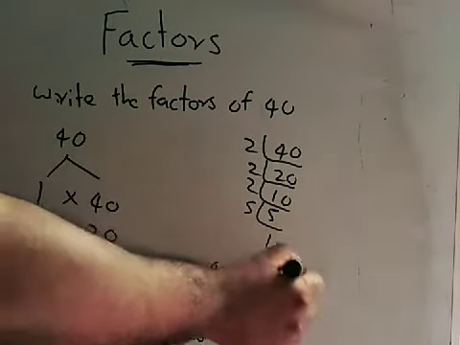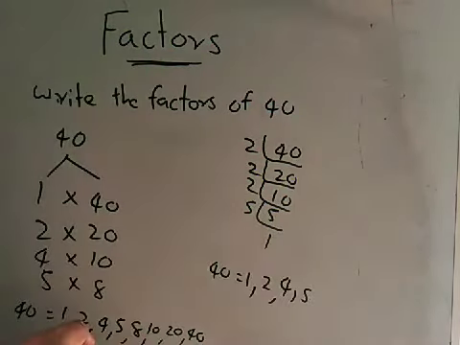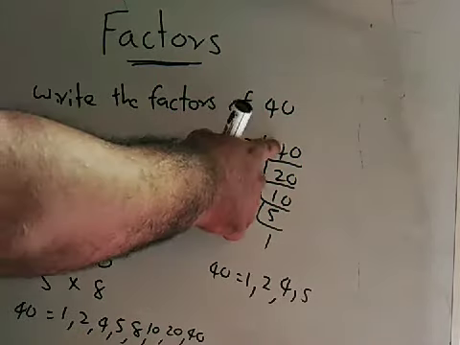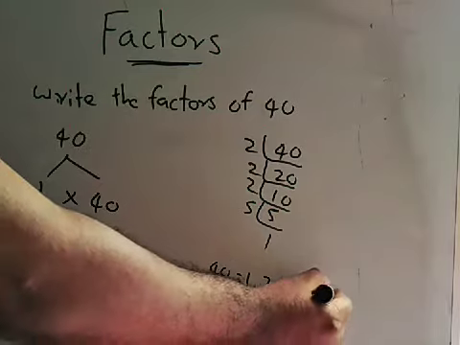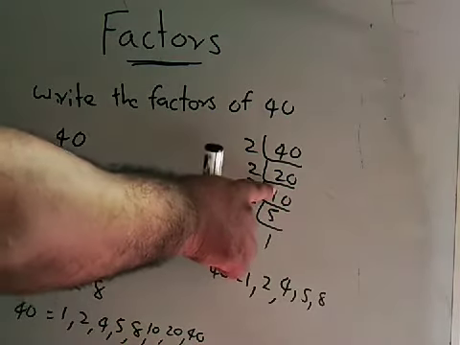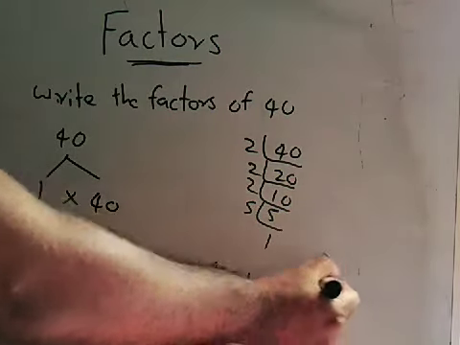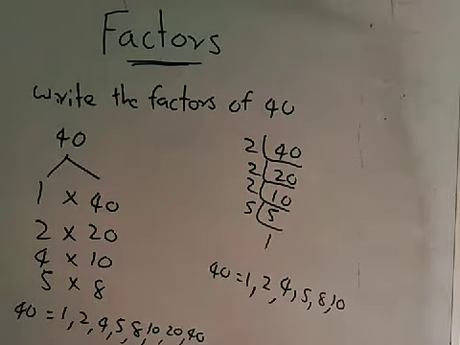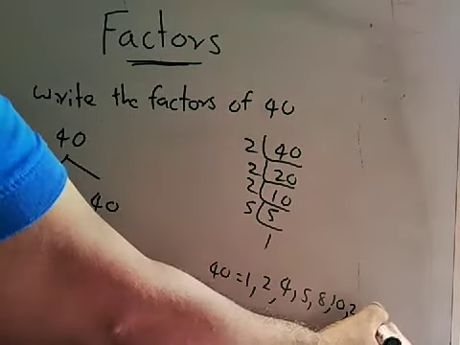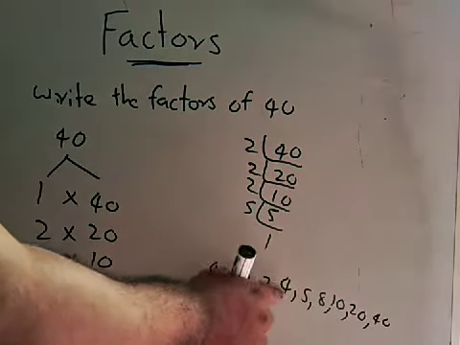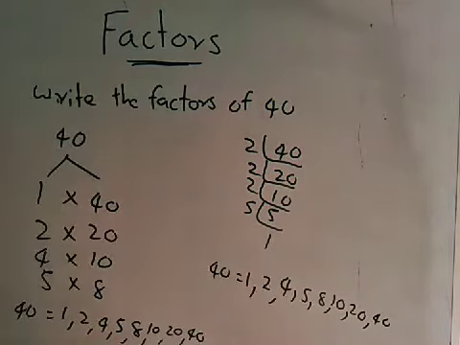Then 5 is a factor. 8 is also a factor, since 4 into 2 is 8. Then 10, 20 and 40. How many? 8. This is how we get the factors of a number.